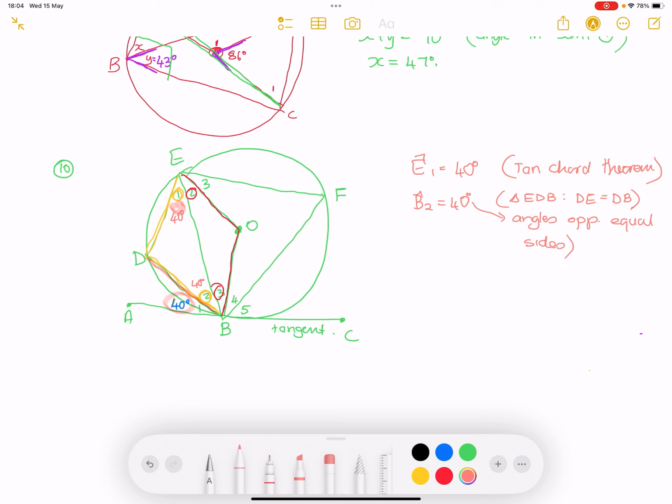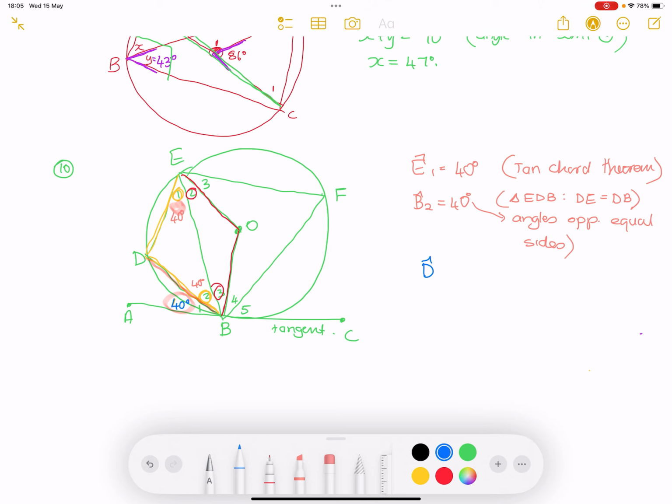The next one I want is D. So now you work out D. Angle D, if this is 40 and 40, then D will be 100.